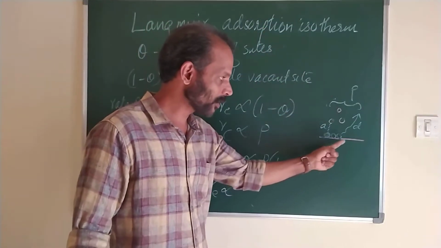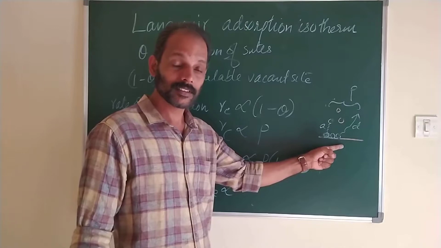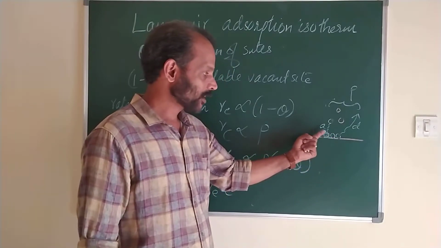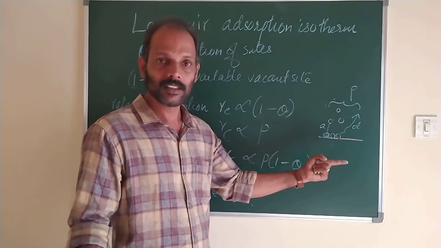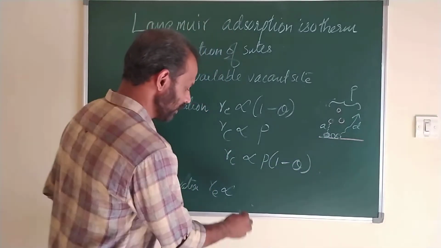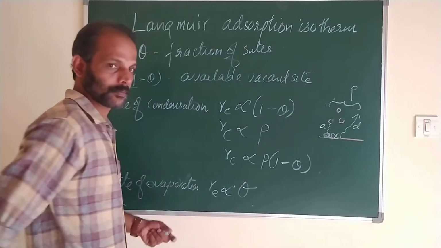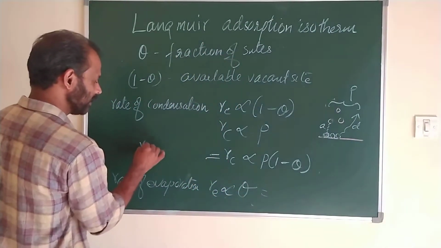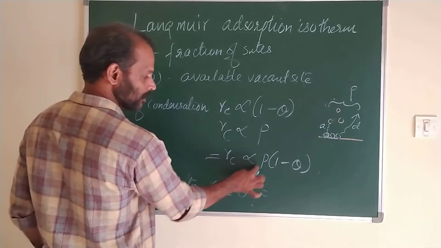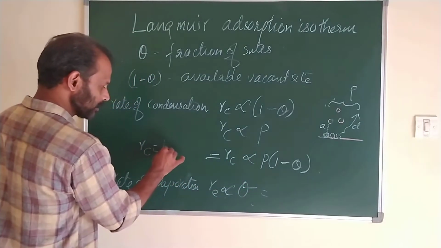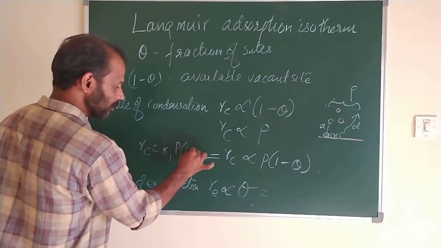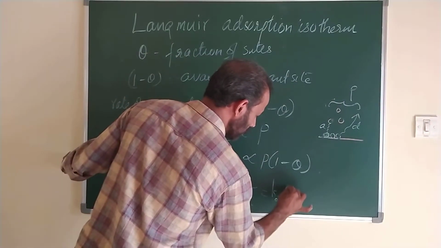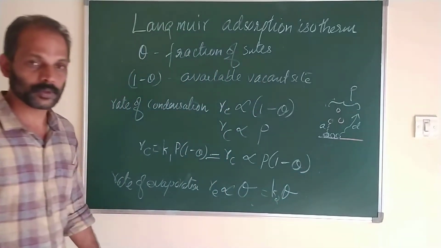If no molecules are occupied, that is the fraction is 0, then evaporation is also 0. So it is proportional to theta. We replace this proportionality by a constant: RC is equal to K1 into P into 1 minus theta, and RE is equal to K2 into theta.